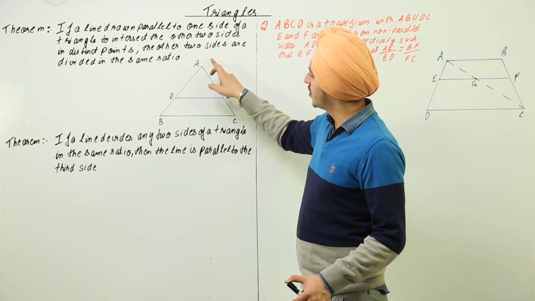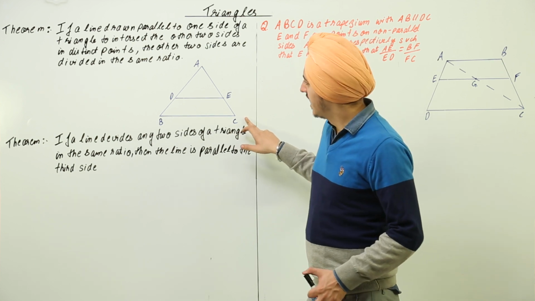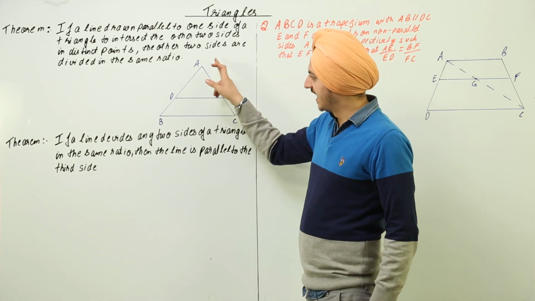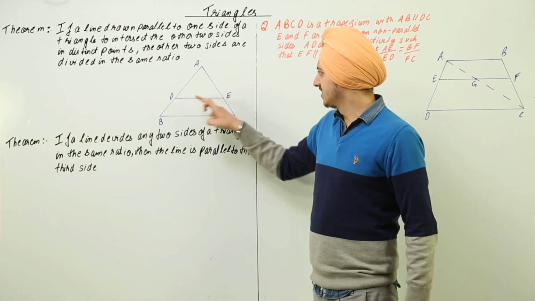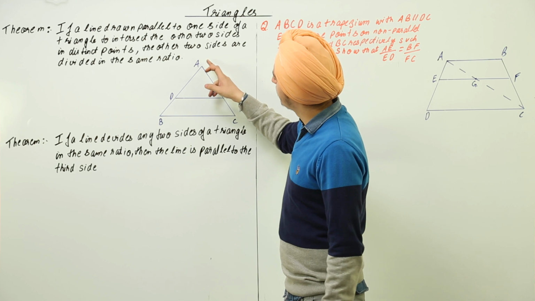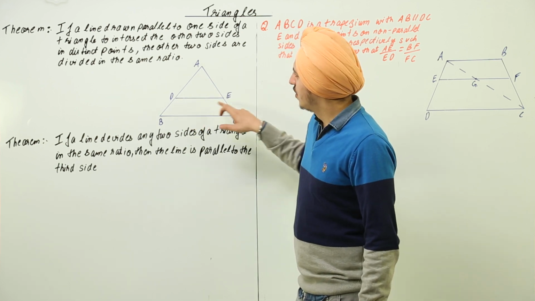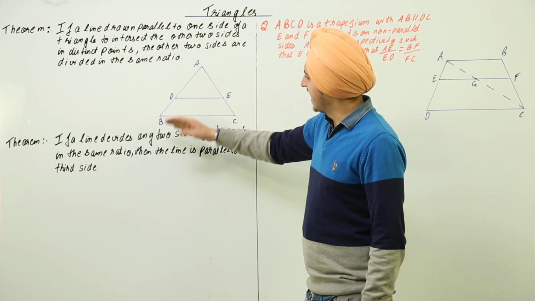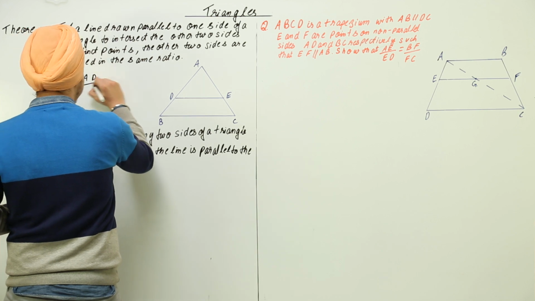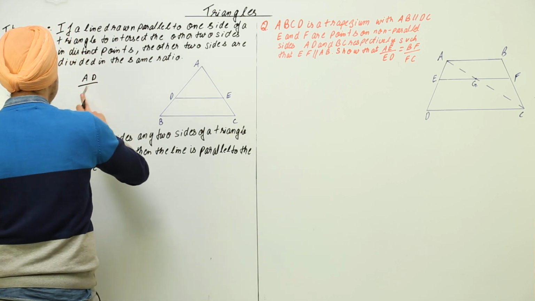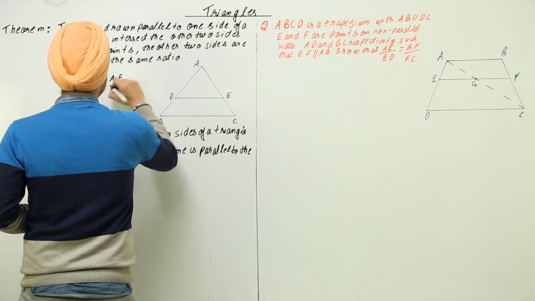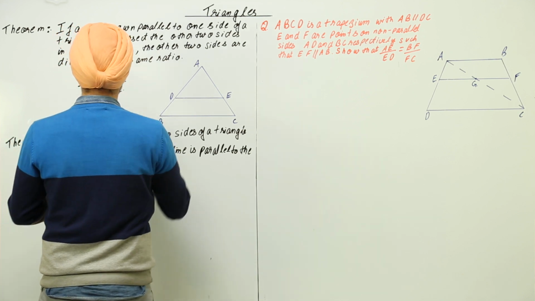It means that if there is a triangle ABC, and we draw a line DE which is parallel to BC, and it intersects sides AB and AC at points D and E as shown in the figure, then this line DE will divide AB and AC in such a way that AD upon DB will be equal to AE upon EC.